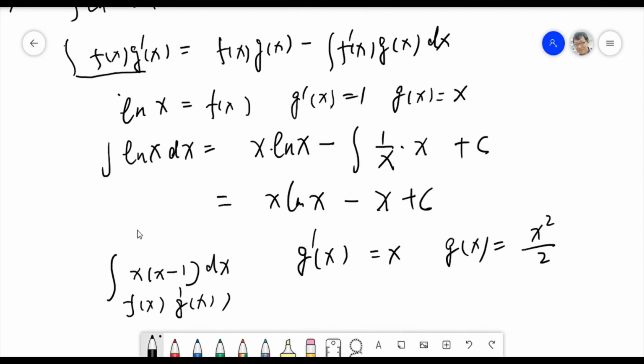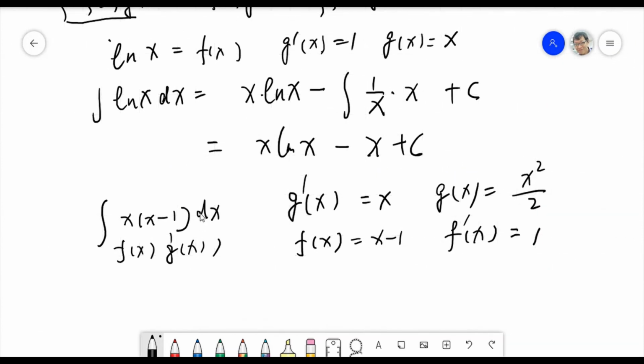So f(x) equals x minus 1, right? So f'(x) equals 1, right? So since you already know this, we can use integration by parts, right?